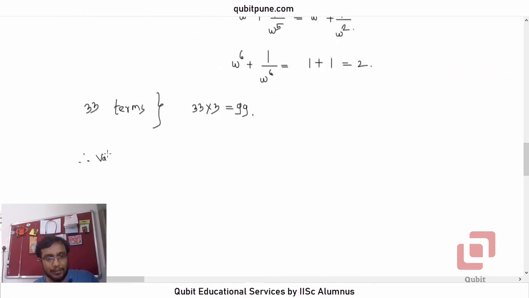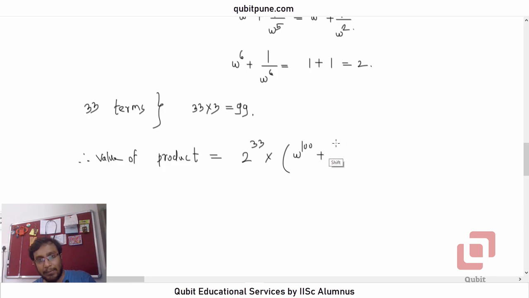Therefore, the value of the product will be equal to 2 raised to 33 into the last term, that is omega raised to 100 plus 1 upon omega raised to 100. We all know that this is nothing but omega plus 1 upon omega, and its value is ready.